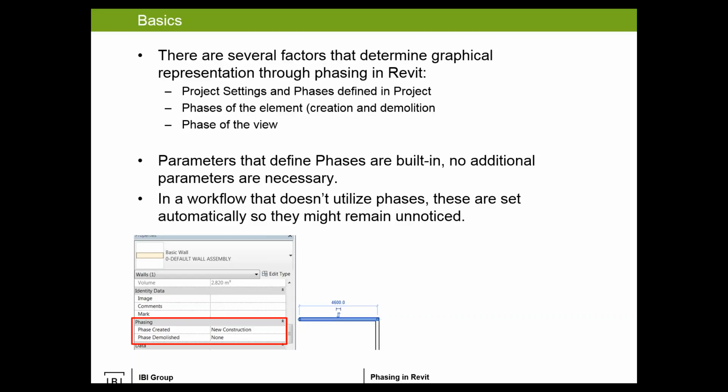So if you have your view phase as new construction, which is the typical, whatever items you place on that view will just go to that phase, as demonstrated with the example I've shown just a minute ago. So this wall, for example, says phase created, new construction, phase demolished, none. And this phase demolished none is the default parameter as well. Revit assumes you're not going to demolish an item unless you specifically indicate so.